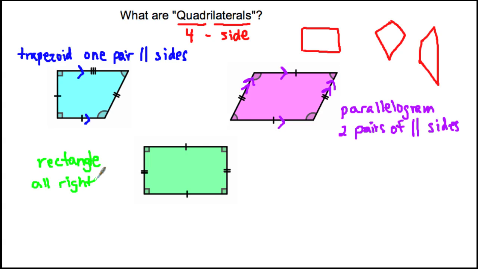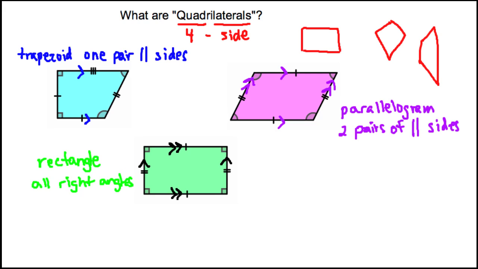All of the angles of a rectangle are 90 degrees. But notice it's also a parallelogram because it meets the condition of having 2 pairs of parallel sides. The top and the bottom are parallel, and the left and the right are parallel. So it is a special parallelogram with all right angles.